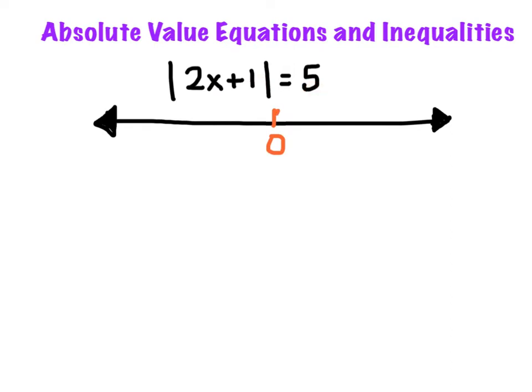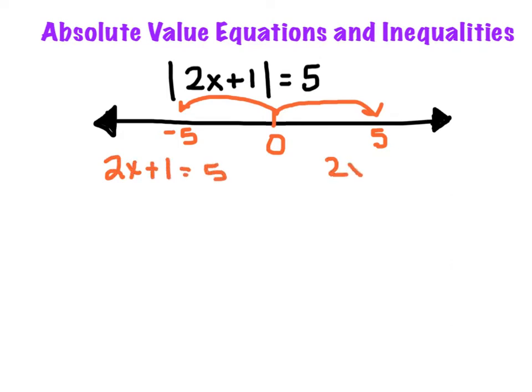So we know that there's a distance this way that's 5, and there's a distance this way that's 5. And so we've been saying, then set up two equations, one equal to 5 and one equal to negative 5.